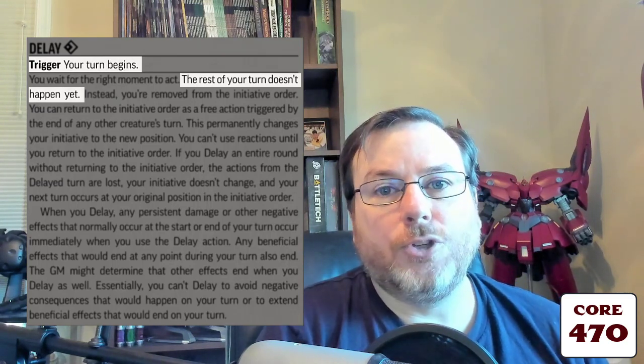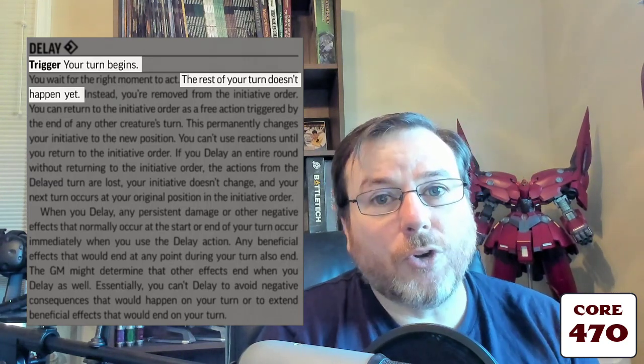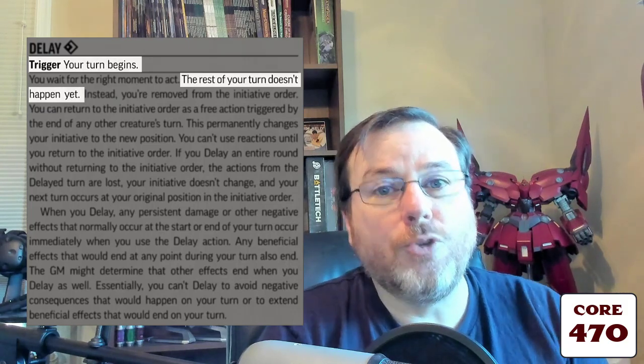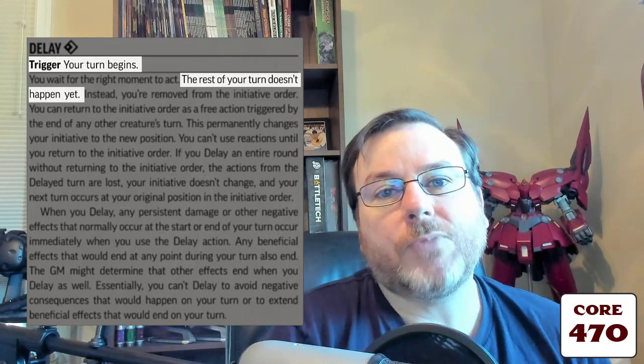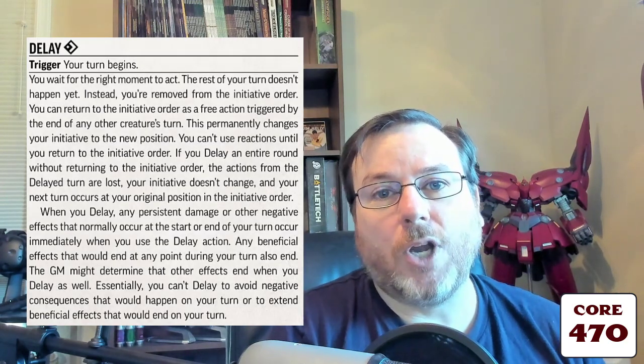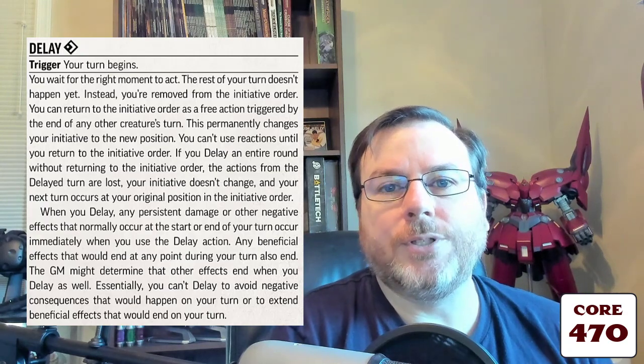So you can't do one action now, two actions now, and delay just the third action later, because the trigger is the start of your turn. So you have to declare that you are going to delay at that moment. So that's it in a nutshell. A couple of the misunderstood points about delay.